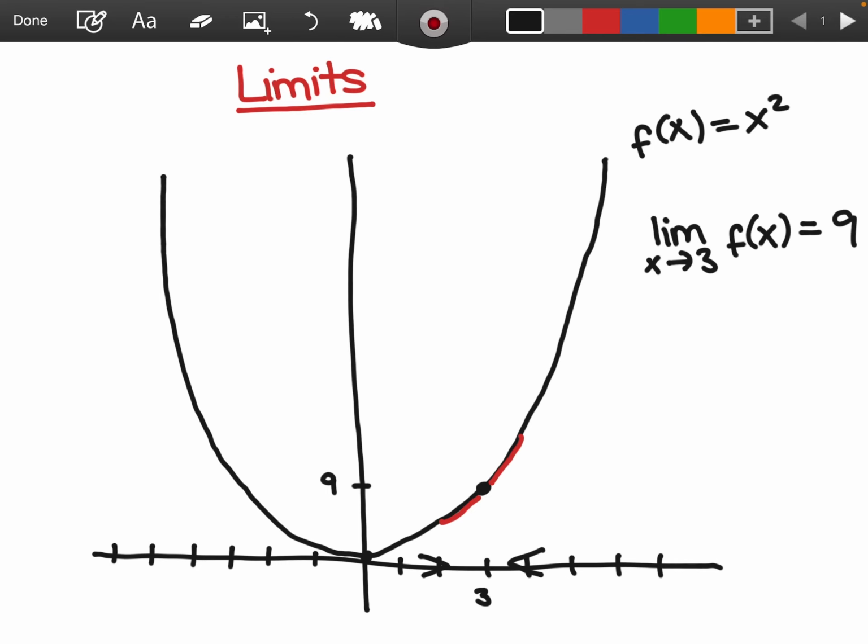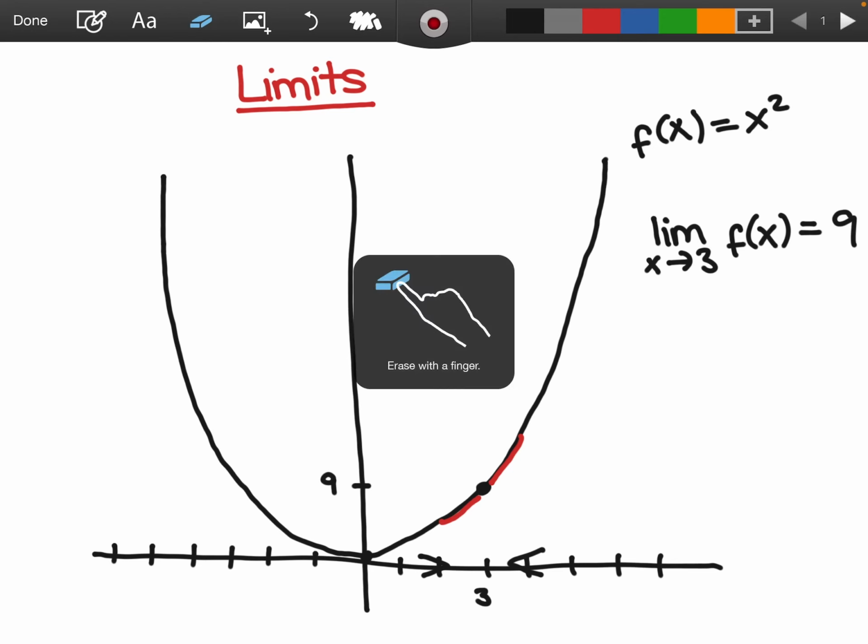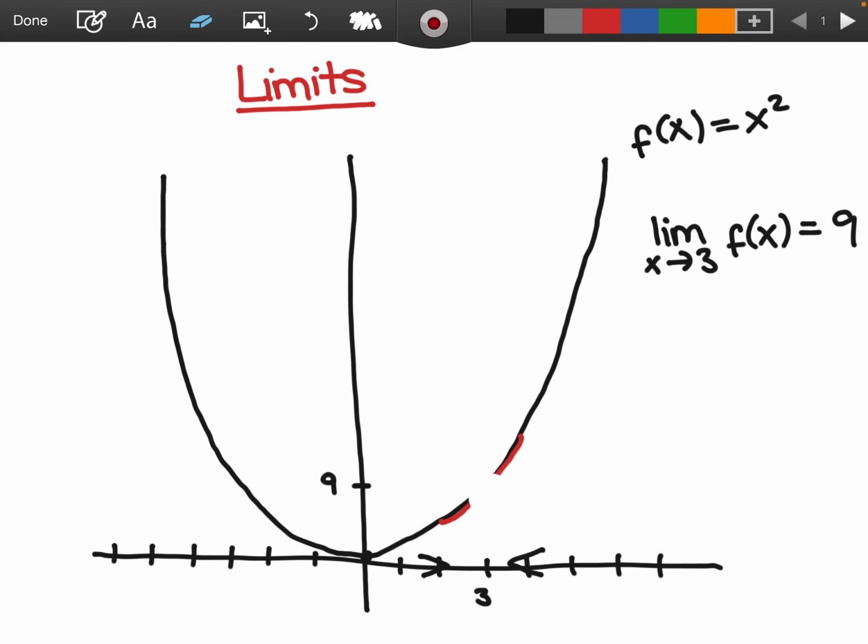So what's the difference? The difference is that it does not have to be the case that f of 3 equals 9. What would happen if I took the exact same function, but this time I decided to put a discontinuity at x is equal to 3, and instead, at x is equal to 3, my function value was 15.